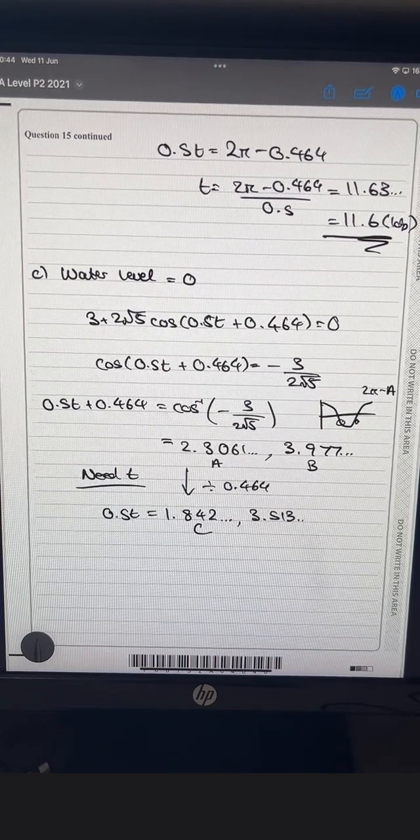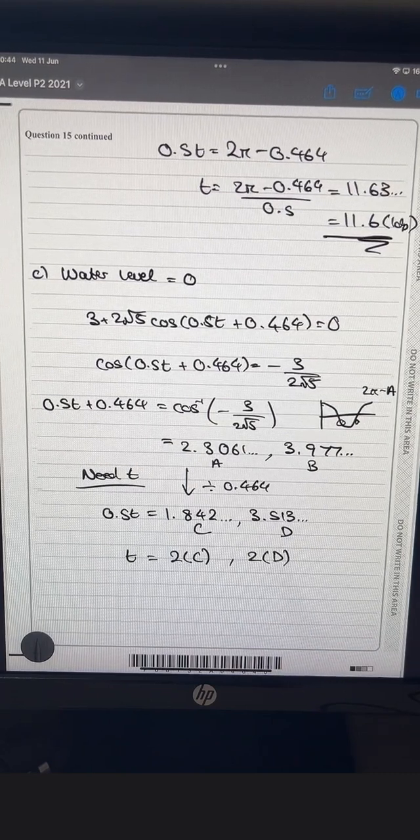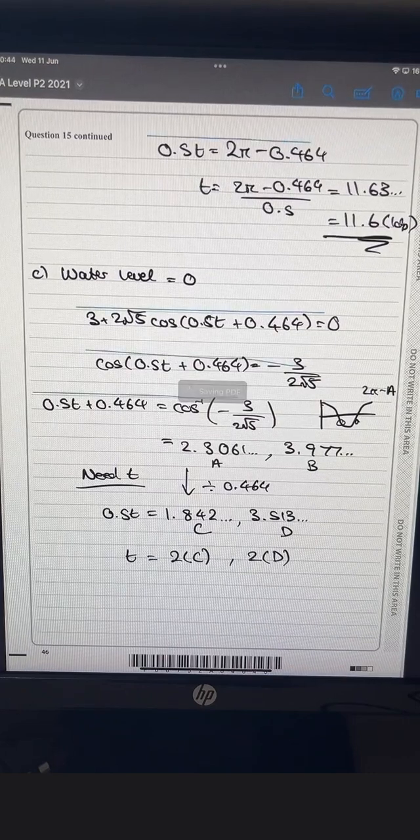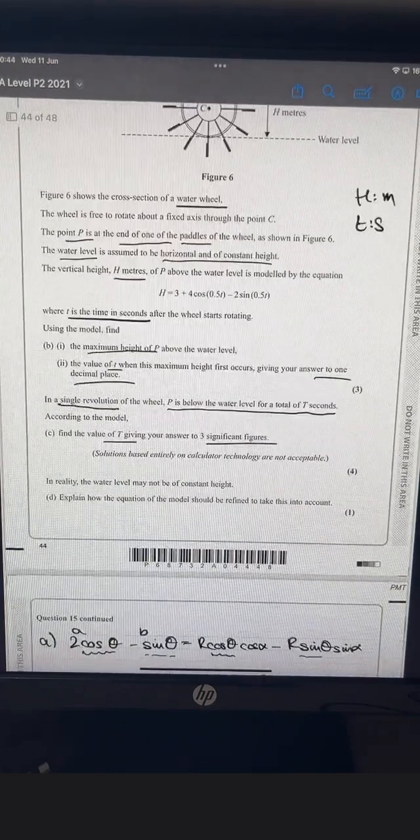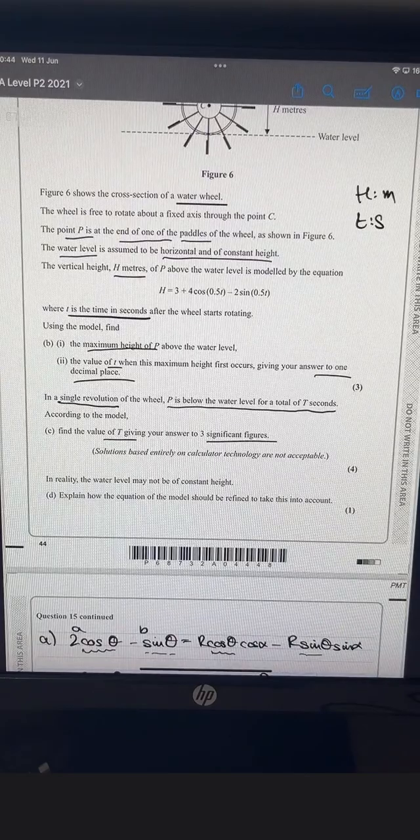So now I just need to find what t is. The t is going to be 2 lots of C and 2 lots of D. This time is afterwards, and this time is before. So what am I actually solving for? Let me go up and remind myself again. T is the time taken while it's below water level. So I'm going to do the time where it leaves the water minus the time where it enters.